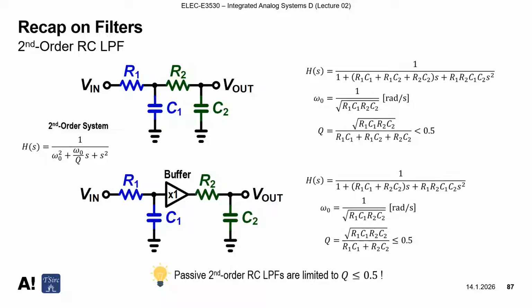So when we set this kind of RC low pass filter with a buffer inserted in between, and we make R1 equal to R2, C1 equal to C2, then its overall Q factor is less than 0.5. Definitely not even close to 0.5, because we have a larger value here, 3, and the square root of 2. It becomes square root 2 over 3.